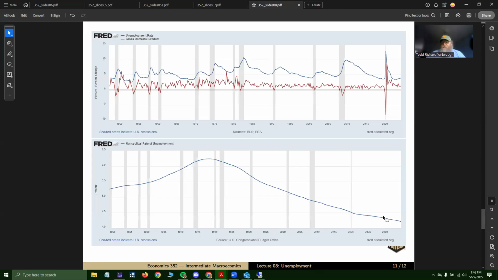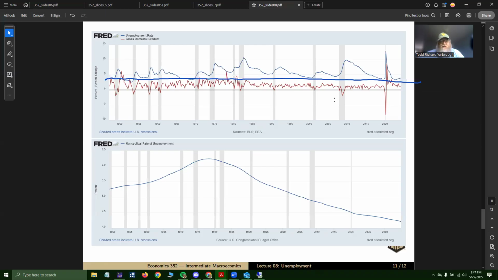And then this is just some graphical representation of unemployment data over time. So, the unemployment rate relative to gross domestic product. When there are recessions, we see unemployment go up. So the idea here would be that there's going to be this natural rate of unemployment, let's say around 4.5%, right?